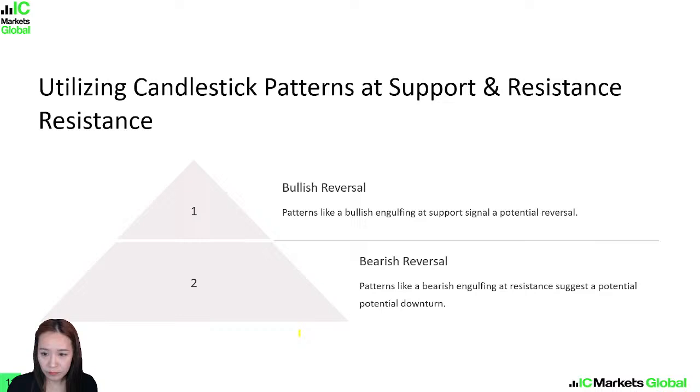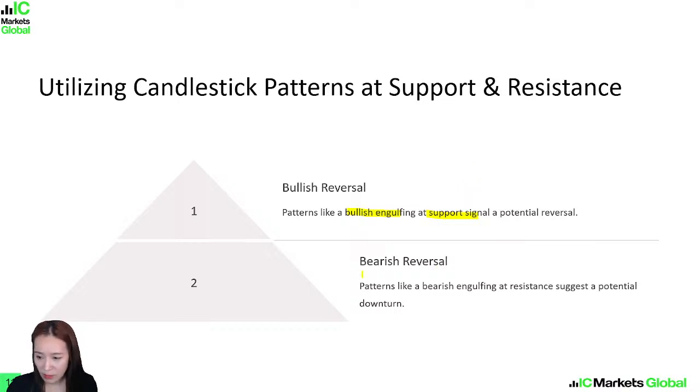And you use candlestick patterns, which I just said, either bullish reversal, where you will see a bullish engulfing candle at the support signaling a potential reversal, which I just showed you, right? Do you guys know how to look for bullish and bearish engulfing candles? You should know. Did you create the bullish or bearish order block? It looks the same.